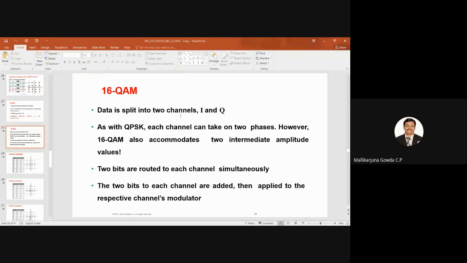Even in QPSK, the first task is, after encoding the incoming binary data with NRZ signaling, we split the data into odd and even, which we call the in-phase and quadrature paths. Similarly, here also it is done.